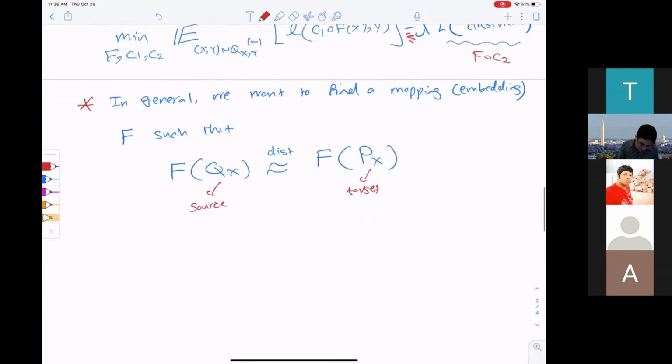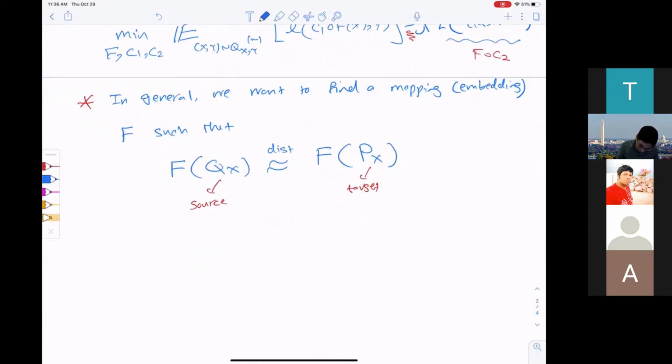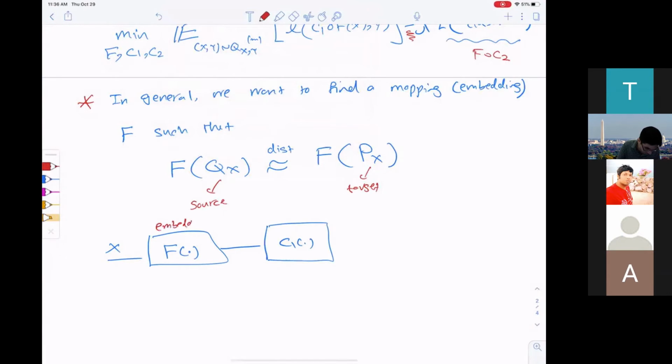Okay, so let's revisit the framework that we looked into. Here I apply f to x, I get some embeddings, then I have a classifier, let's say C1. So this is my embedding function.